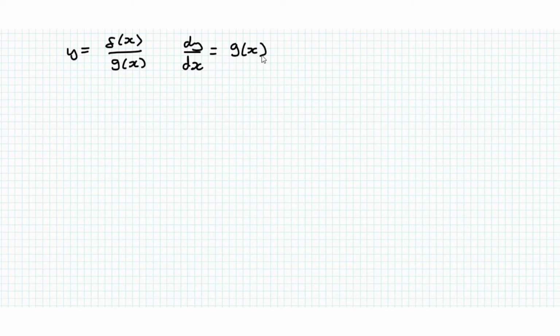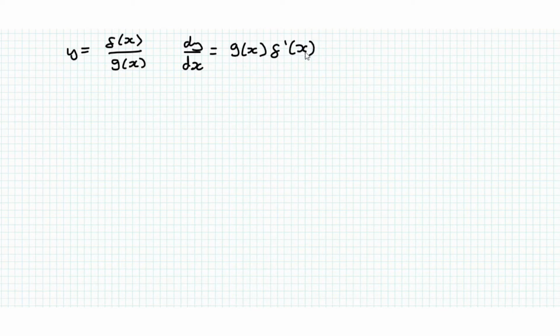Now move on to finally we'll look at the quotient rule, and if we've got y is equal to f of x over g of x, then dy by dx is going to be equal to g of x, so that's the denominator one, put that first, because with the quotient rule the order matters.